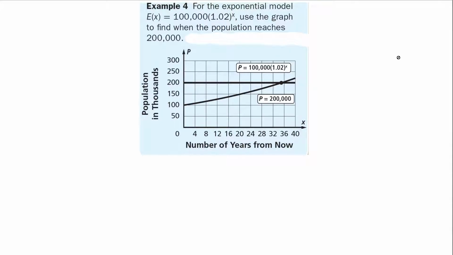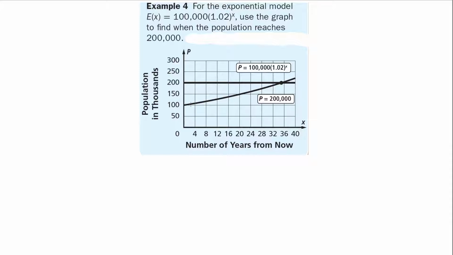For the exponential model, where e of x is equal to 100,000 times 1.02 raised to the x, it asks you to use the graph to find when the population reaches 200,000. Well, if we were to graph this, at 200,000, you'll notice this is population in thousands, so this is 200,000. I draw a horizontal line, and I look for where the exponential function crosses it.